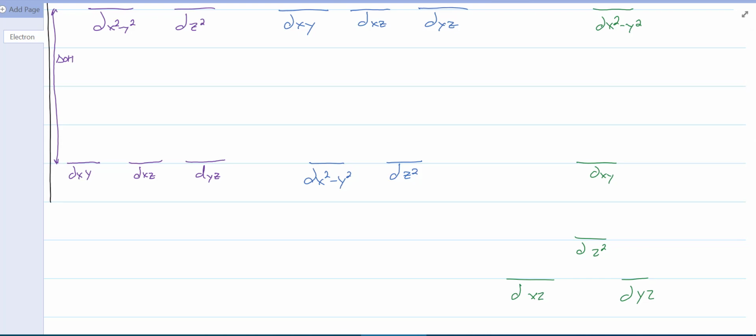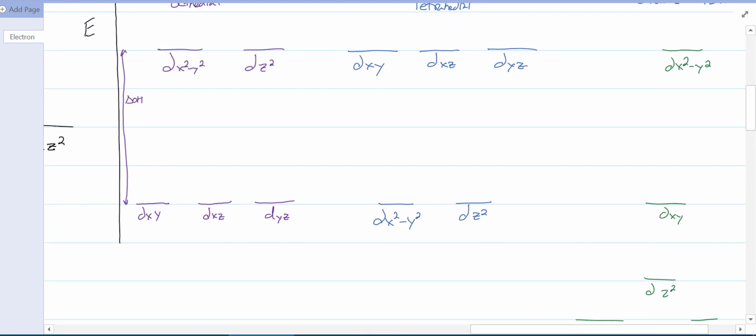This is right. Okay. So if I draw electrons now, how can we get electrons in here? So I can go D1, D2, D3, and now I have a half-filled set of orbitals. All right. So I can have D3 and that actually be half-filled. Let's try that again. So now I can have 1, 2, 3, 4, 5, 6.